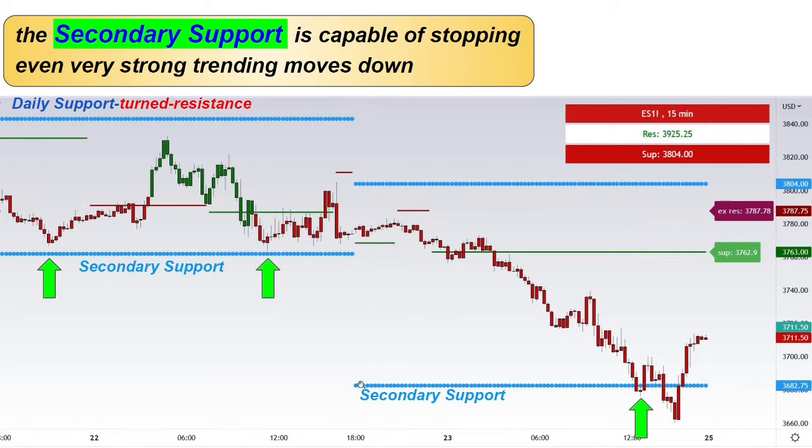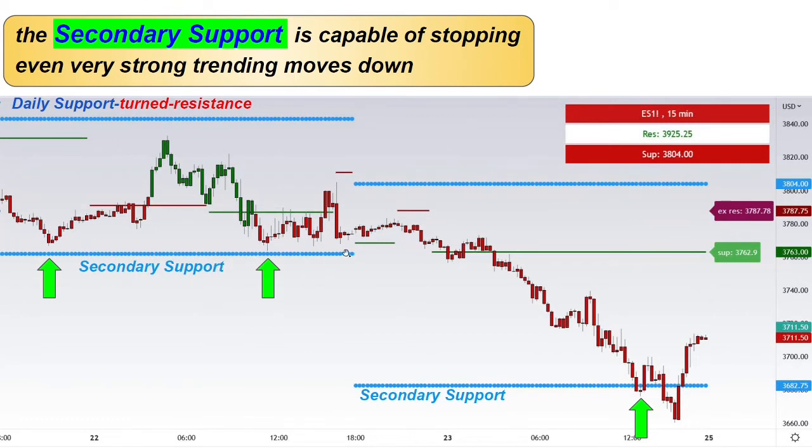So we can see that at 6 p.m. New York time, the indicator drew new levels, and under those new levels, secondary support moved much lower. So for that day, we can see that bears could not push price lower than 37.60, its ES mini, because this is where secondary support was located.